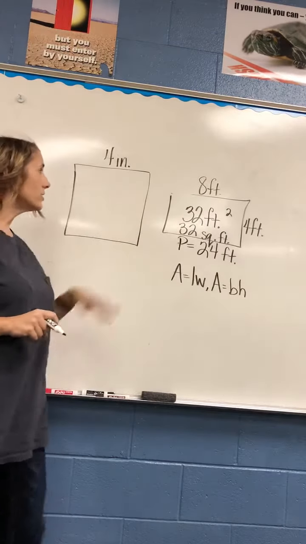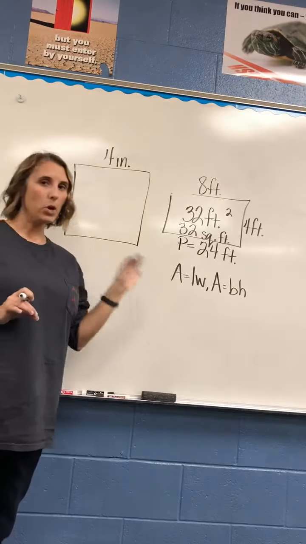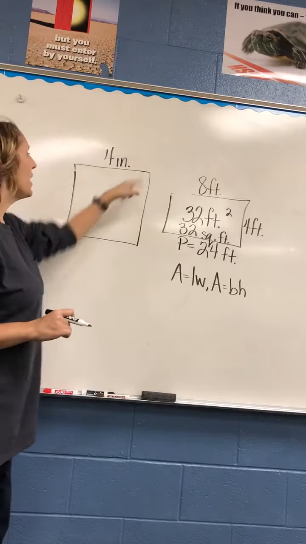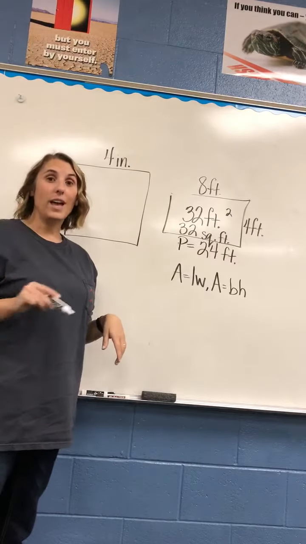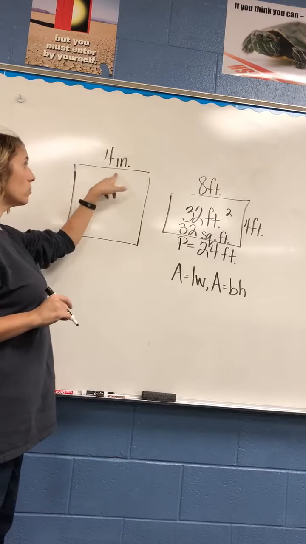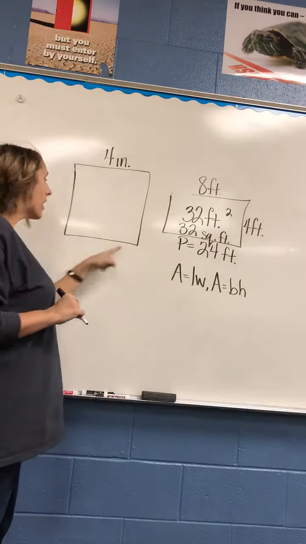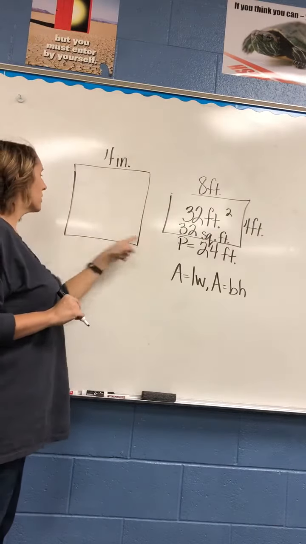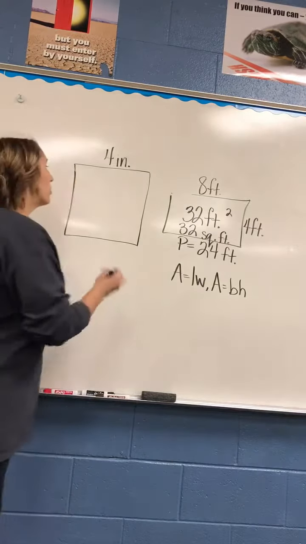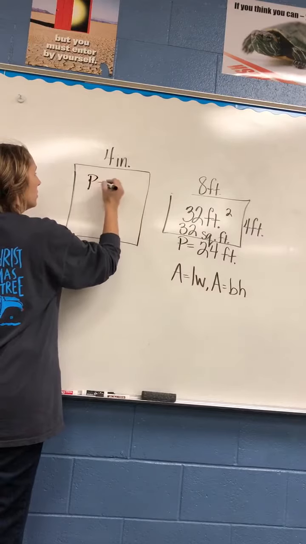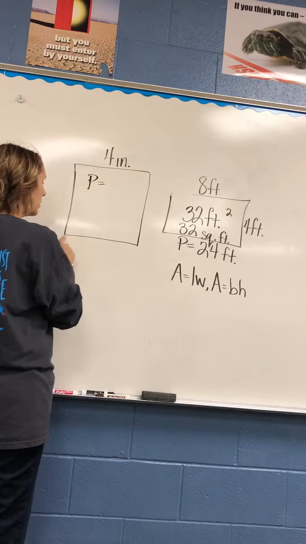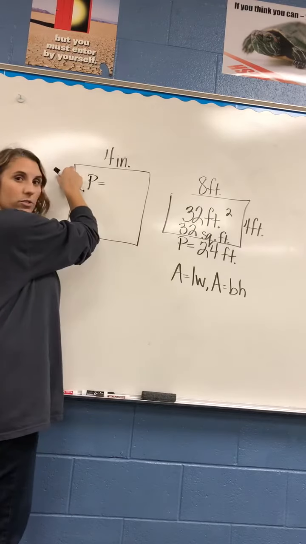Now let's say we have a square. We're going to pretend this is a perfectly drawn square right here. I know that in a square, all sides are the same length. So even though only one side is labeled, I know every single one of these is 4 inches, 4 inches, 4 inches. When I find the perimeter, I have 4 inches plus 4 inches plus 4 inches plus 4 inches.